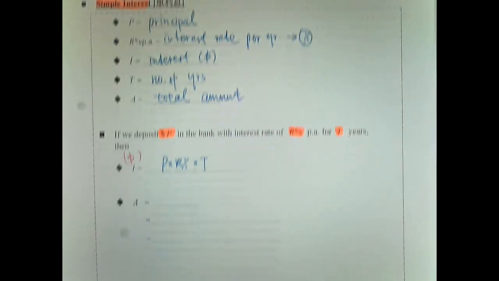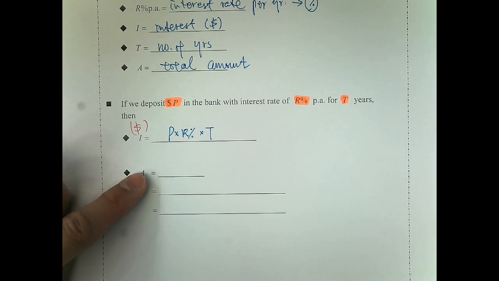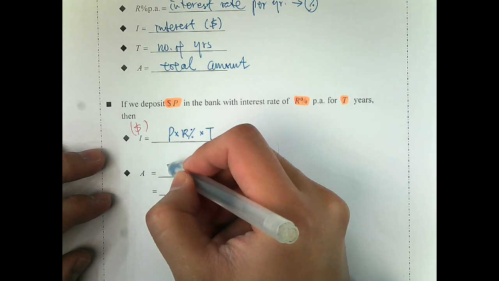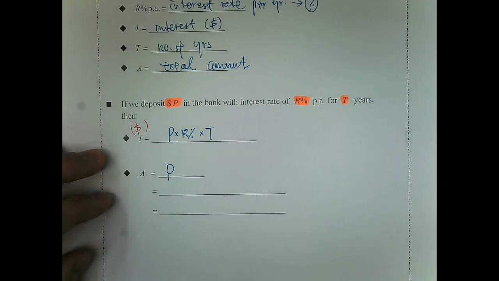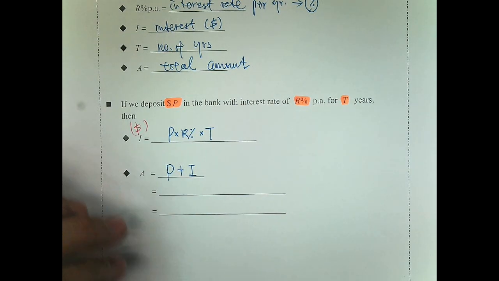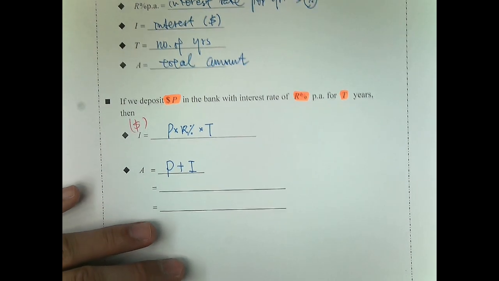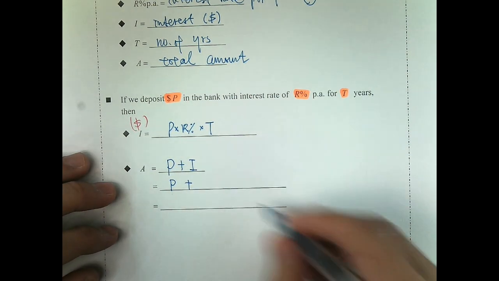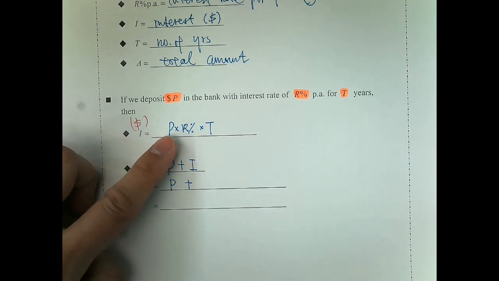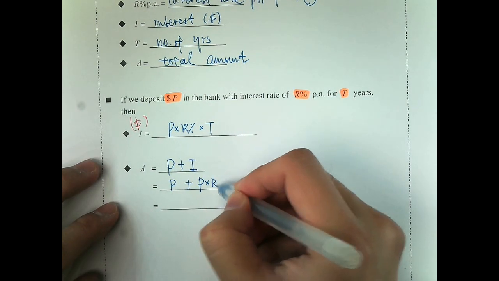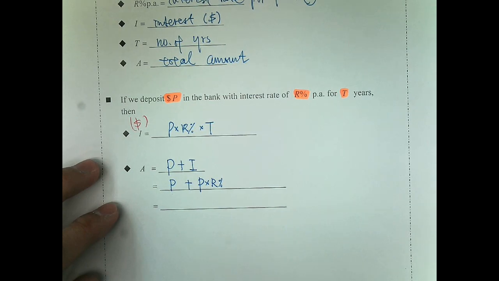Okay. So next, you have to calculate the A. A is what? It is the total amount. Total amount means that you use your principal to add the interest. Understand? So principal is just principal, nothing. But interest, you know how to calculate for this. Understand? So you put here P times R%. You calculate the interest for 1 year. Understand?